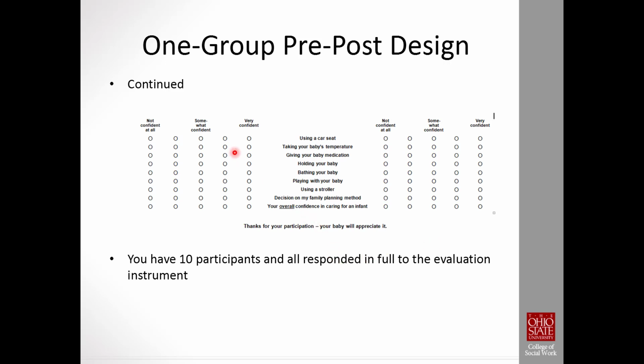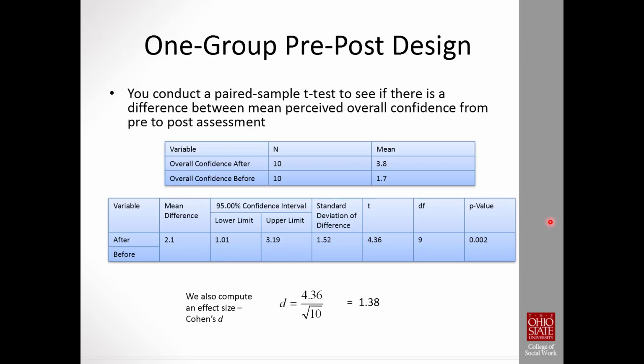It's a continuation of the content, essentially. And then finally, we have an overall confidence in caring. Depending on what you're measuring, you might put in a summary measure like this. So let's pretend we have 10 participants and they all responded in full to the questionnaire.